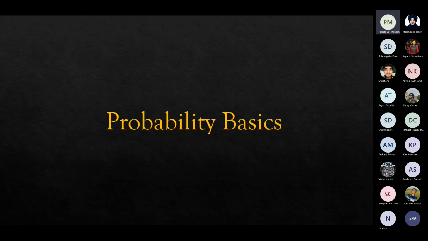As you understand, this domain of uncertainty will be captured using the language of probability. So we'll have a very basic review of the probability rules. I think you are all aware of these kinds of rules, so I'll go through them very quickly, but I'll spend time on some of the probability concepts which will be bread and butter for this module.